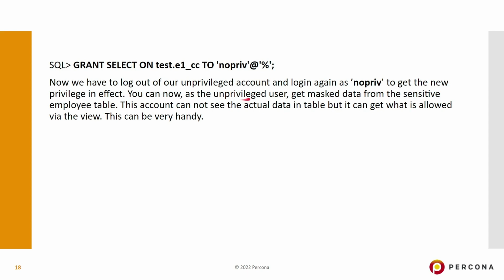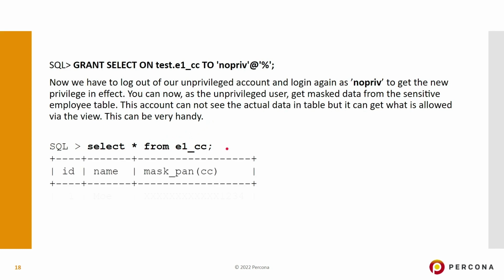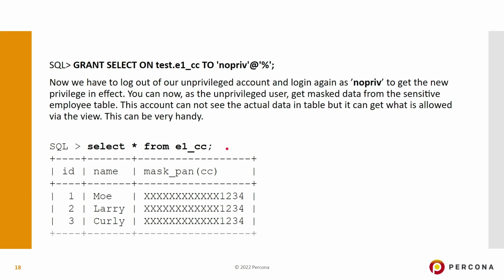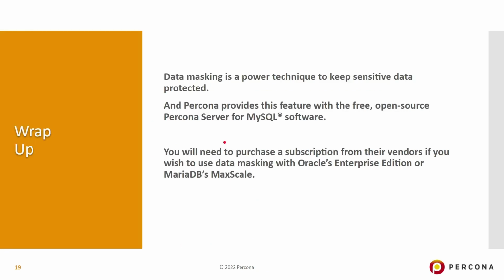Now, as the unprivileged user, we can get the masked data from the sensitive employee table without giving them access to all the sensitive data. So, as our nopriv user, we do select star from the view, and voila, there is our masked sensitive data for an unprivileged user.